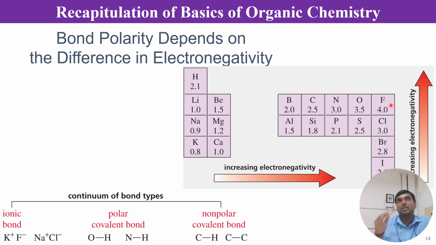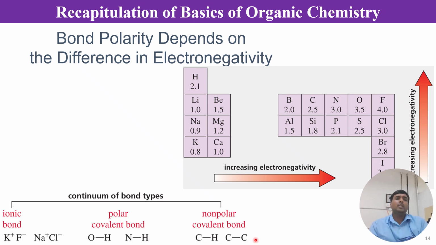So that means if we move from left to right of the periodic table, electronegativity increases, and in the same series, suppose the halogen group where fluorine, chlorine, bromine, iodine, astatine, you can see that electronegativity decreases from top to bottom.